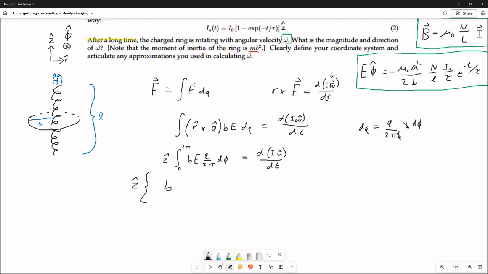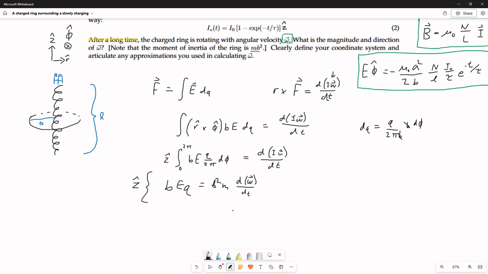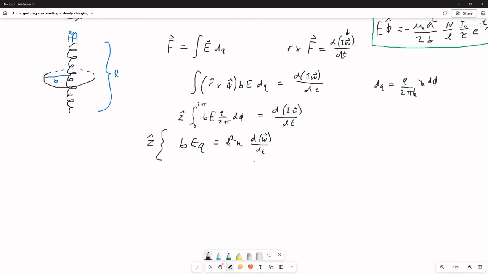We have b times E times q, and that is going to be equal to the changing torque, which we can also pull the I out of here, and the question says it's m b squared, so b squared m d omega dt. With our final answer in sight, we can start looking at separating the omega.